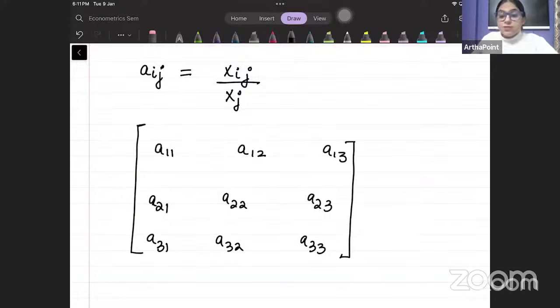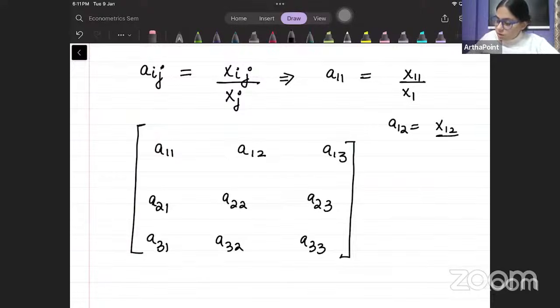Here A11 is representing X11 by X1. A12 represents X12 by X2. Look carefully, whatever you see here, you need to divide it by that. Only then will this input-output matrix be formed.